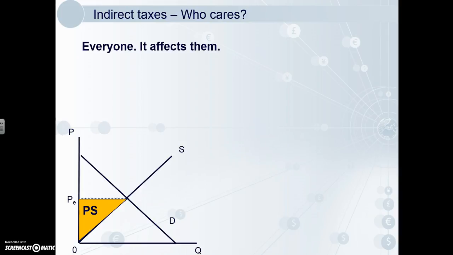But now what I want you to pause and have a go at is drawing what the change in producer surplus will be given the specific indirect tax. So draw up a new diagram, draw another supply curve that indicates the tax, and draw the new producer surplus. So pause and have a go.